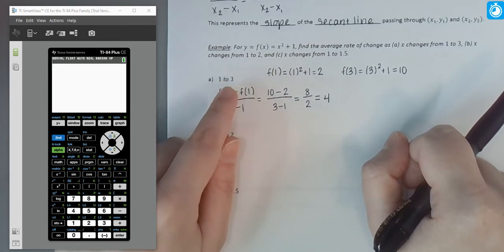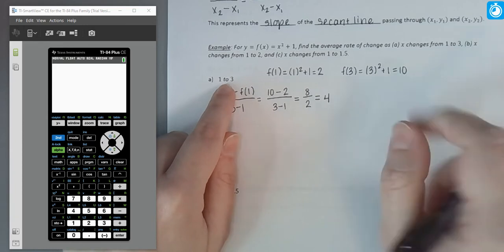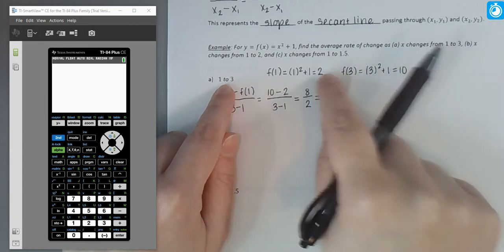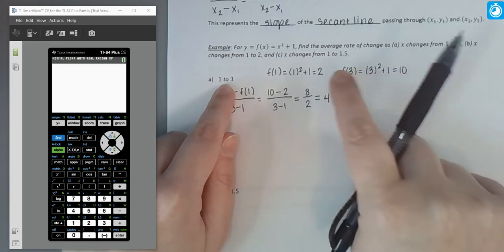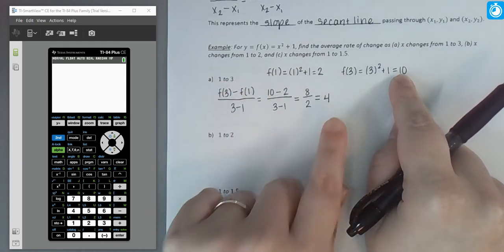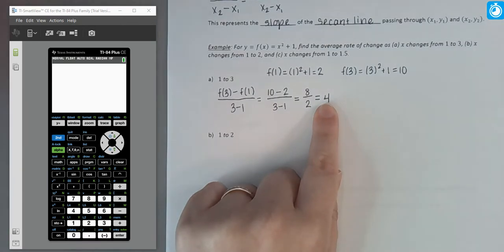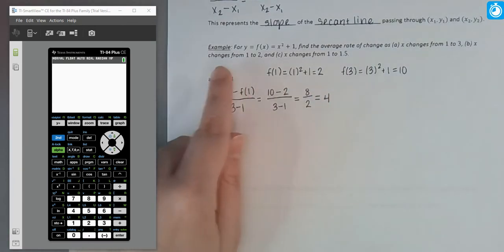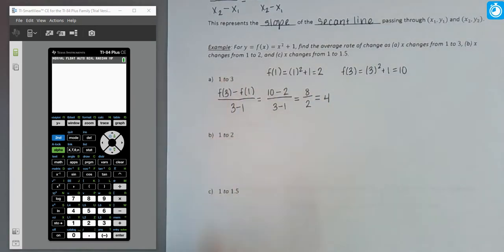So if we travel from 1 to 3, we've traveled a total of 2 units. Our y values have changed by 8 units. So the total change of 8 units divided up over those 2 x units is going to be 4 units traveled per unit x. So that's the general idea there.